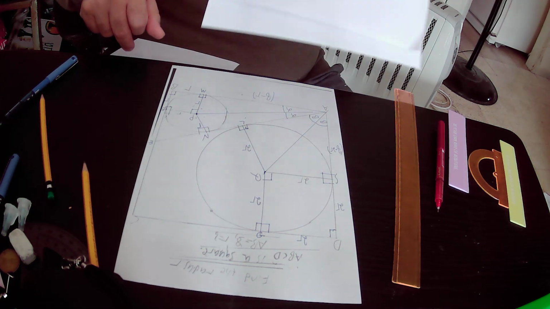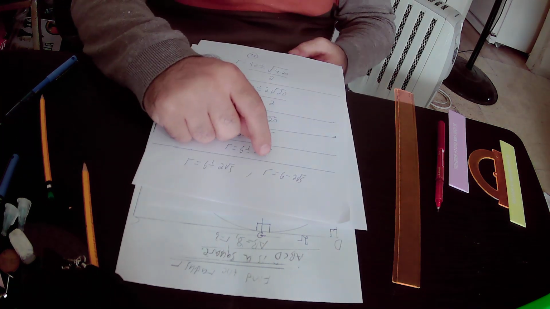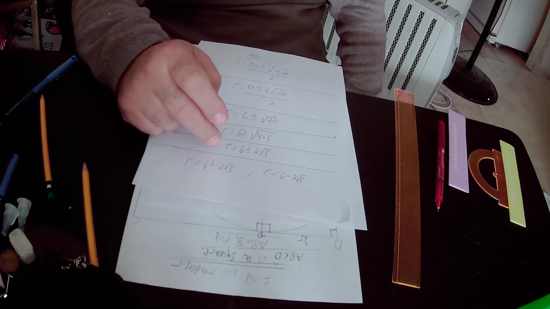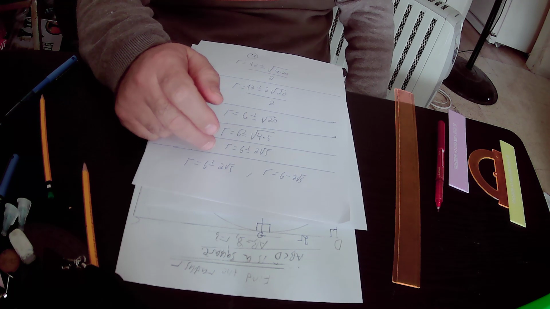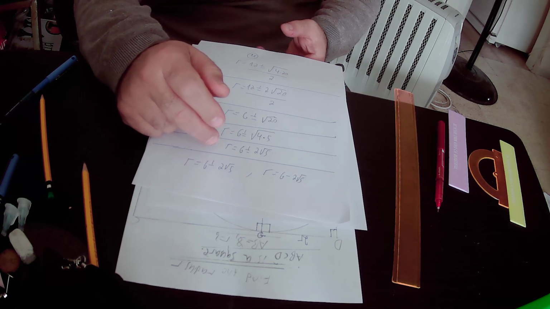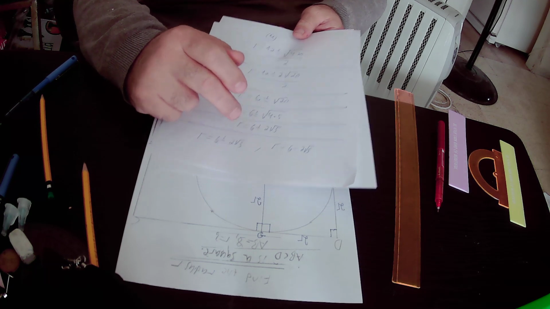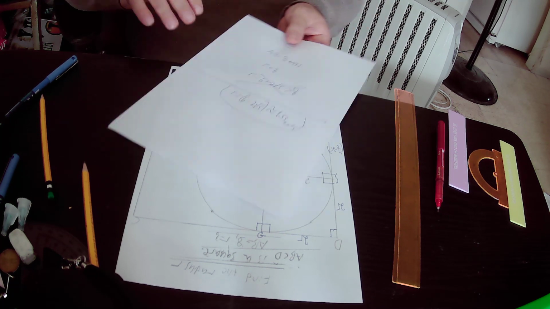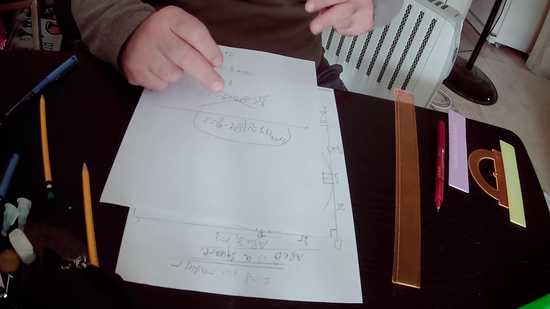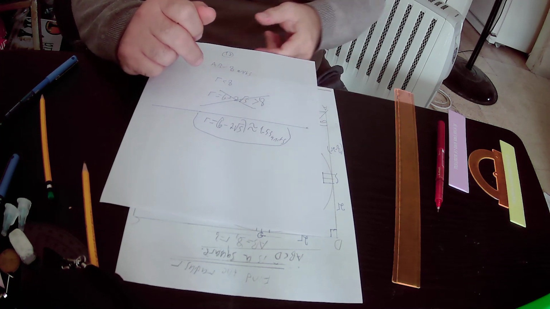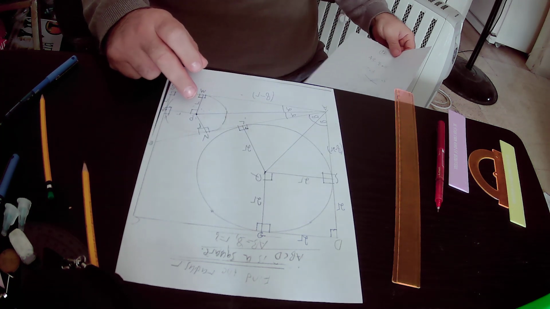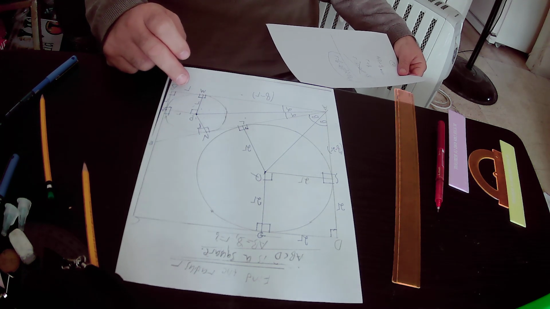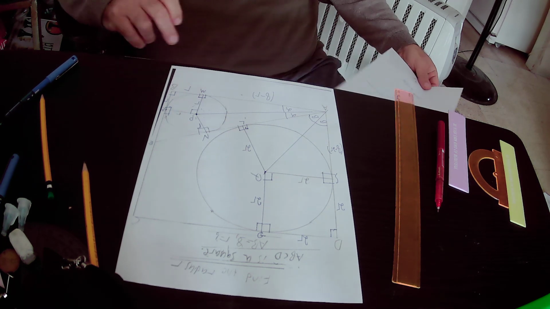So the possibility that R equals 6 plus 2 times root 5, that is greater than 8 units, is impossible, not a correct answer, and we are left only with the possibility that the radius of the small circle equals 6 minus 2 times root 5, that is about 1.53 units. Okay, thank you very much.